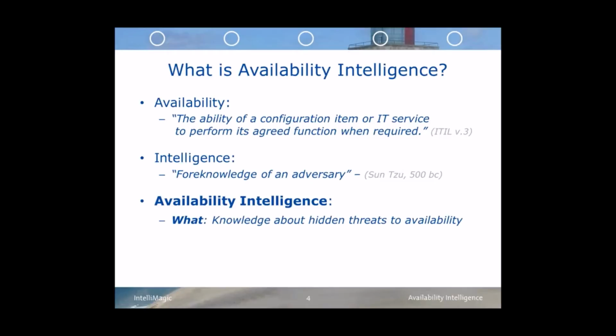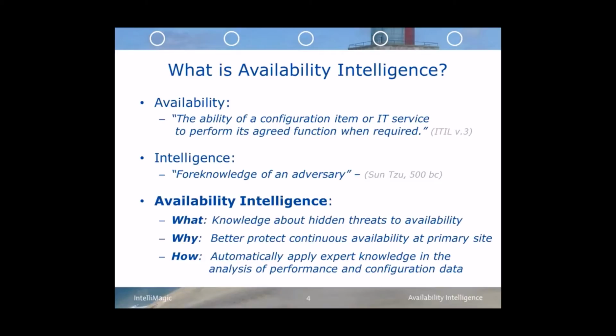So availability intelligence gives us the ability to know what knowledge about threats to availability, as well as why better protection, protect continuous availability at the primary site, and how, which is automatically applying expert knowledge in the analysis and performance of configuration data.